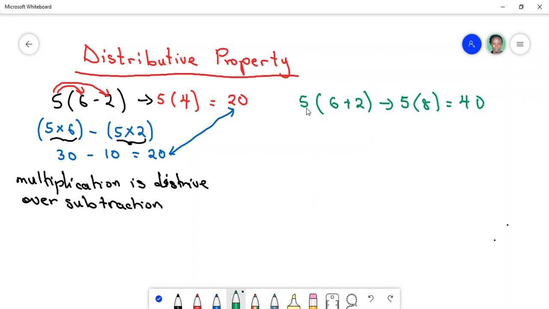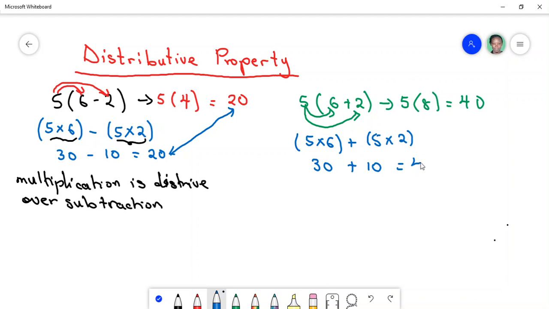But let's say we do the distributive times that. I have 5 times 6 plus 5 times 2. 5 times 6 is 30 plus 10, which gives us 40.